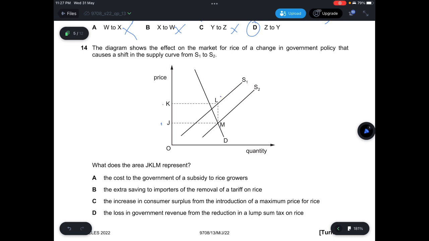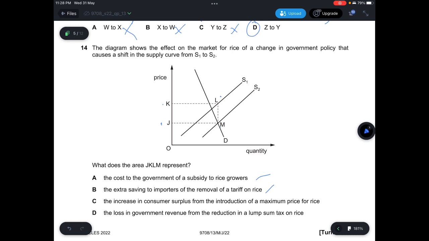M and L being the same quantity, and basically when there's a subsidy given, that will be the equilibrium quantity. So in order to measure the cost that the government pays in order for the quantity to be supplied at this particular amount, it has to be calculated by the entire area of JKLM. So A is correct.